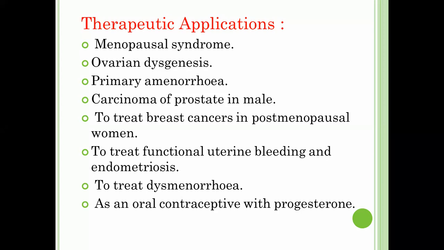Then next, to treat functional uterine bleeding and endometriosis. Then to treat dysmenorrhea, an oral contraceptive with progesterone. What is meant by oral contraceptive? I think you have already studied it in health education first year.